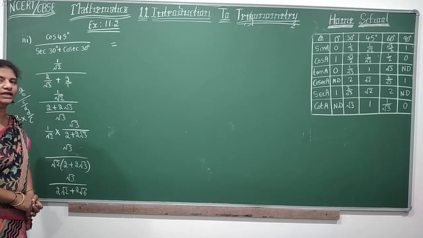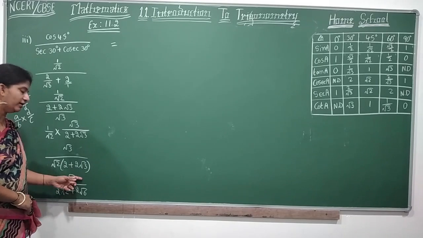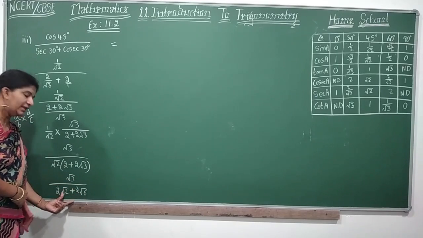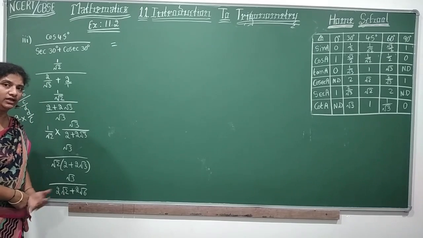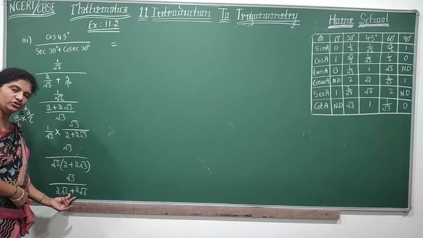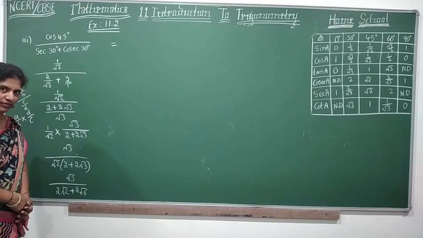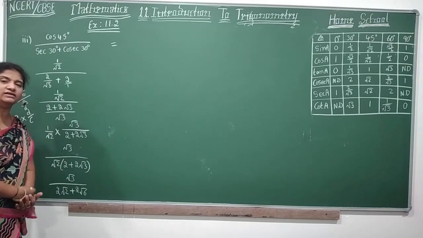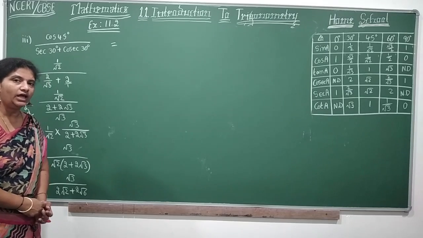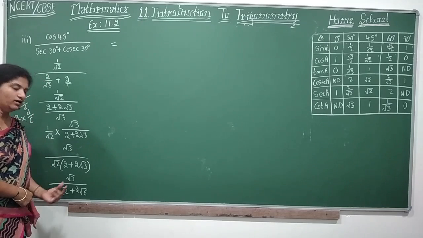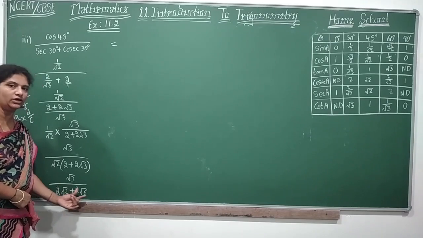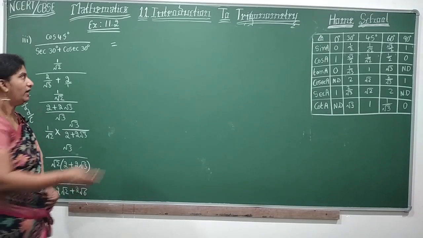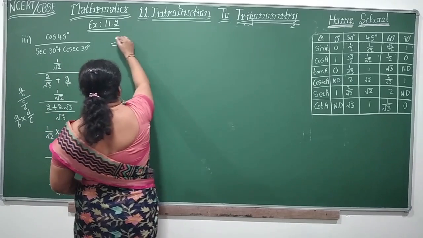For that, we need to multiply numerator and denominator by the conjugate of this. What is a conjugate, children? If you have a positive, you should convert it into negative. Okay, why do we do this? Do you have an idea? In order to remove the surd form. Surd means irrational roots, you need to remove them. Okay, so what do I need to write here?